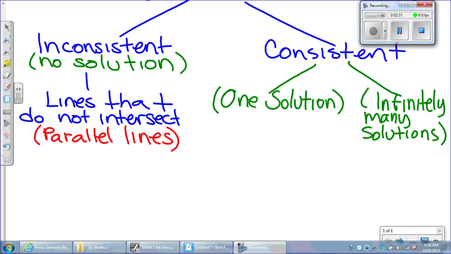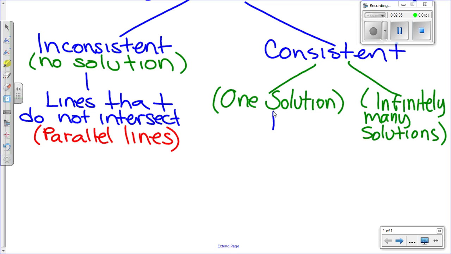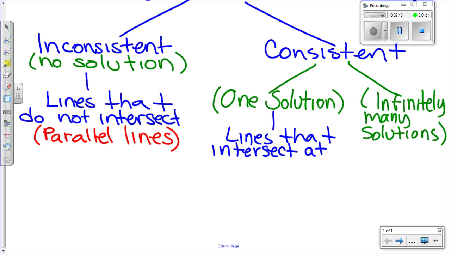And so the ones that have one solution, it will be lines that intersect at one point.